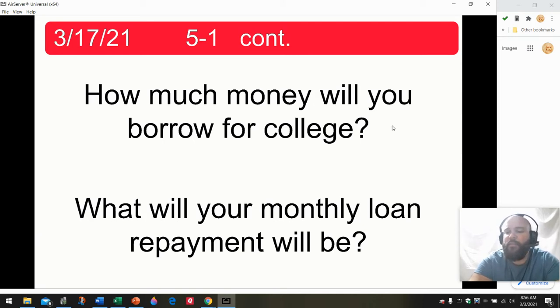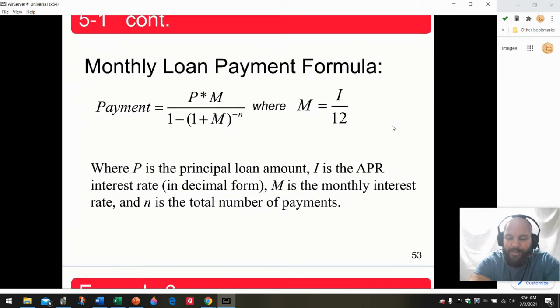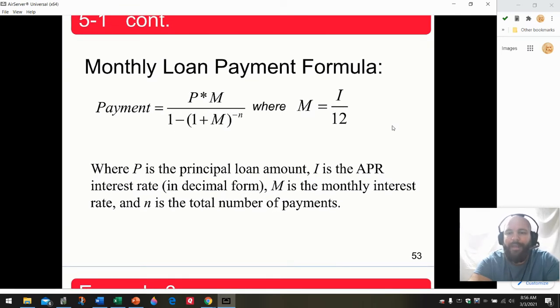I think it's within about 6 months of when you graduate and you are no longer going to school, you will start receiving your monthly bill for paying back your loans. So, an important consideration is how much money to borrow for school. It is incredibly important to make sure that you are not borrowing too much money, because you can, and it will put you in a very bad financial position if you borrow too much money.